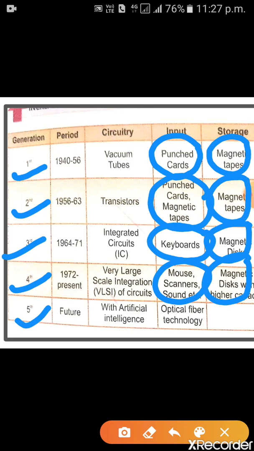In the fifth generation, artificial intelligence will be used, and optical fiber technology will be used as an input device.